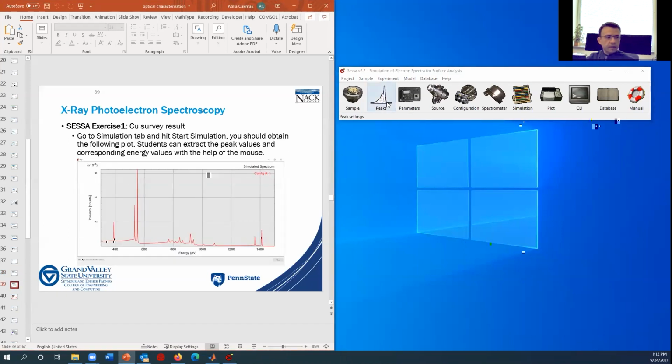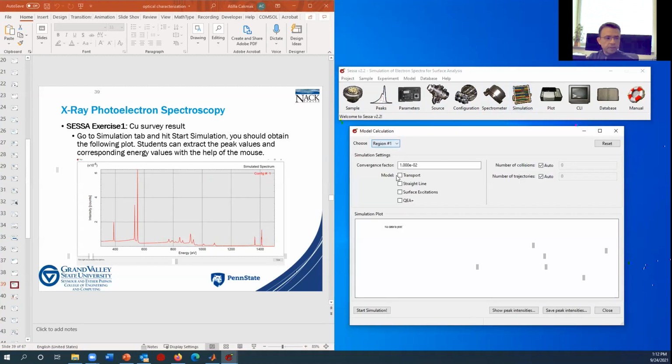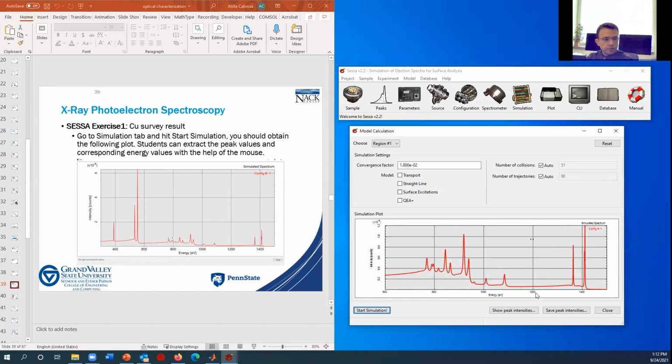This is the incident energy that we're going to shoot the samples with. And next, let's just go to the simulation. I'm just clicking on simulation and start simulation. So it's going to give us a survey result, as you can see here. And we can look into our peaks together. Here is where the peaks will occur.